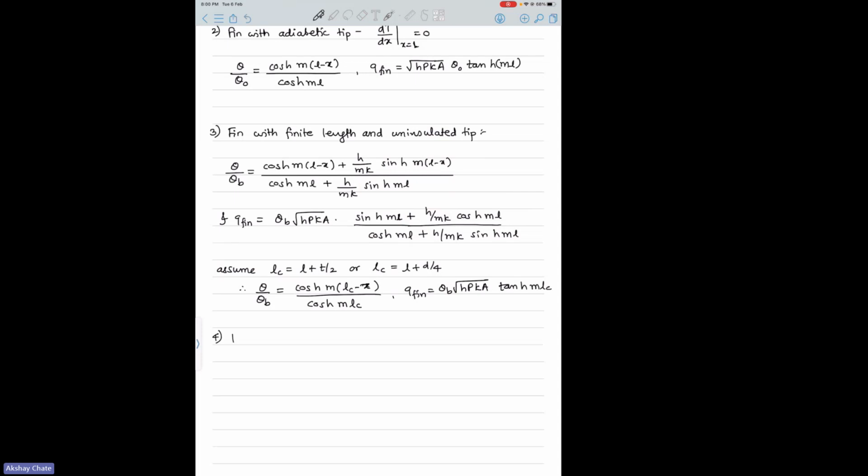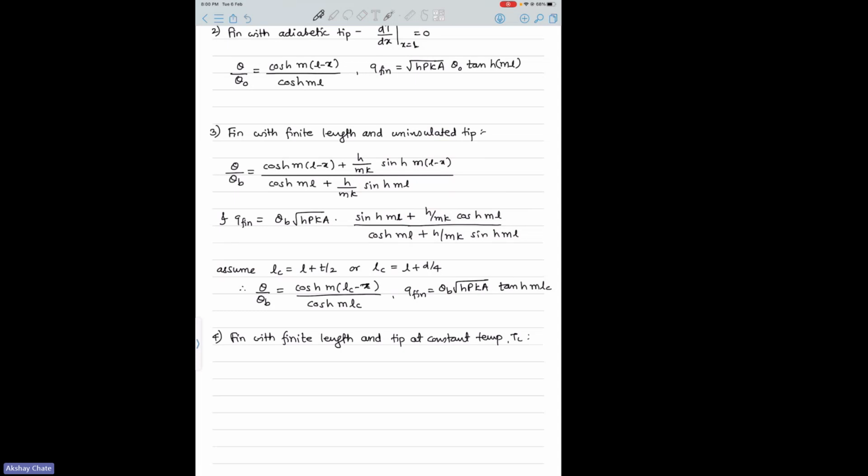Okay, so the fourth case is fin with finite length and tip at constant temperature, let's say TL. But this is very rare actually.